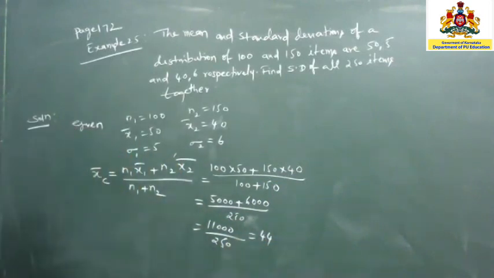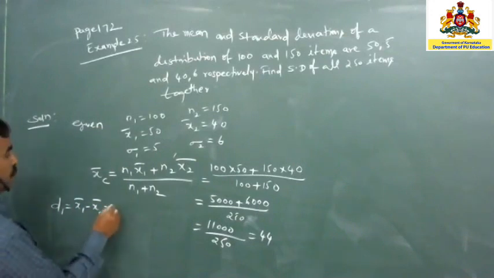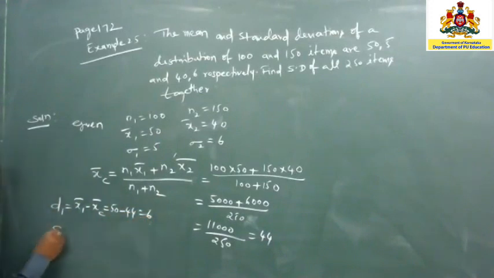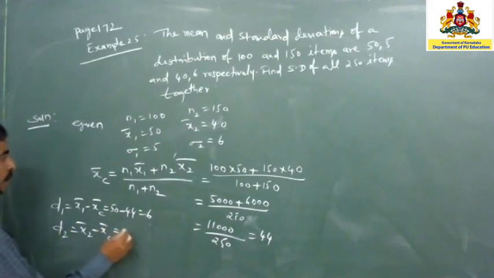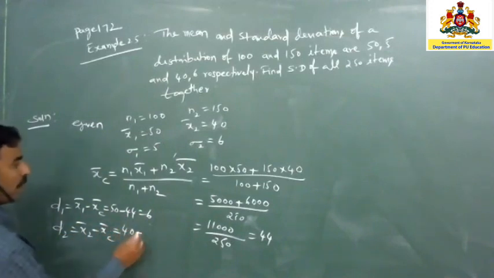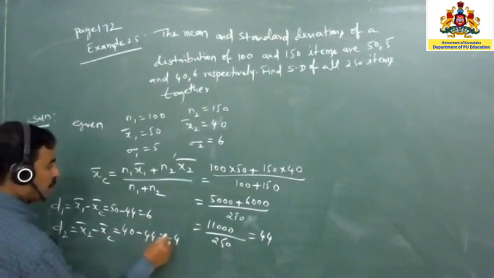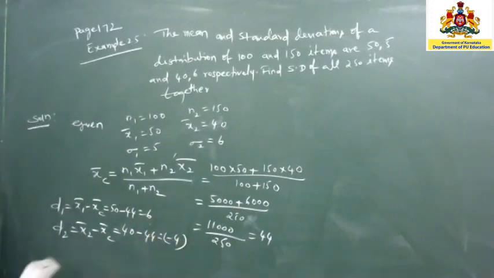From this, d1 equal to x1 bar minus x bar c, which is 50 minus 44, equal to 6. d2 equal to x2 bar minus x bar c, which is 40 minus 44, equal to minus 4.